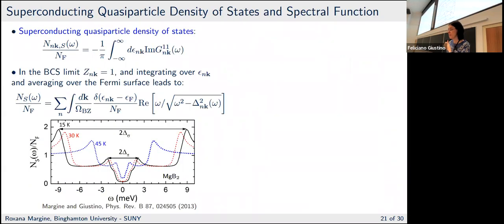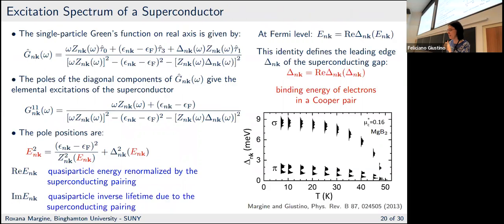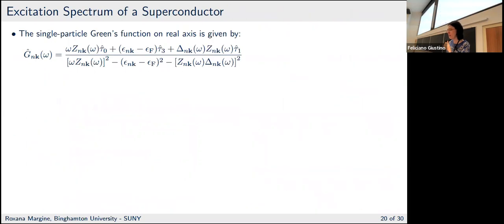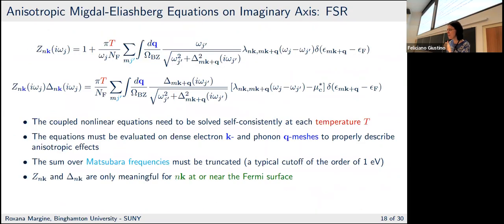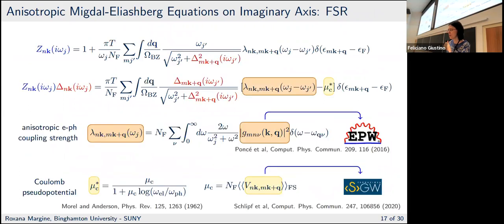But in a couple of studies, we have estimated mu star using the Sternheimer GW code and then used the Morel-Anderson pseudopotential.